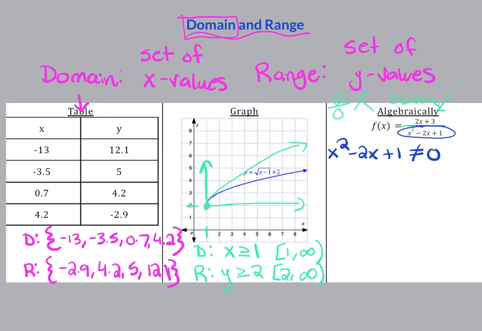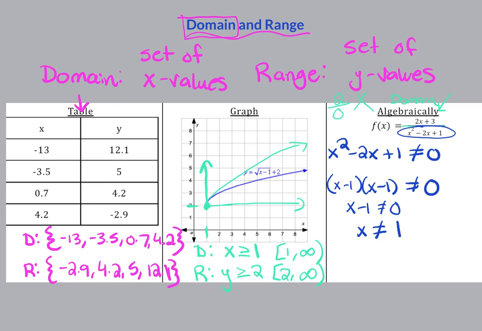So just think about solving this quadratic by factoring. If we factor it, we will get x minus 1 times x minus 1. That can't equal 0. So an x value cannot equal 1. But you can have all other x values.